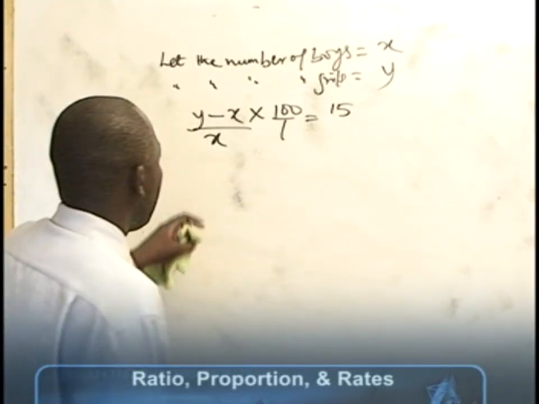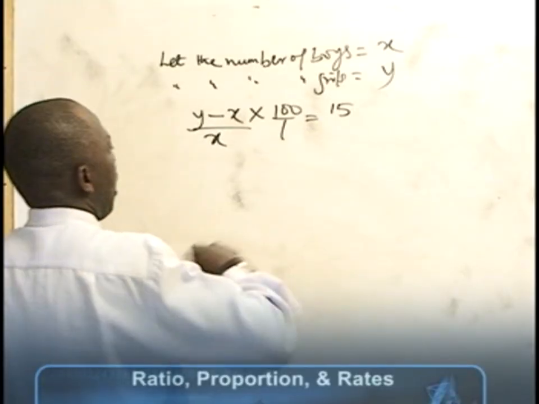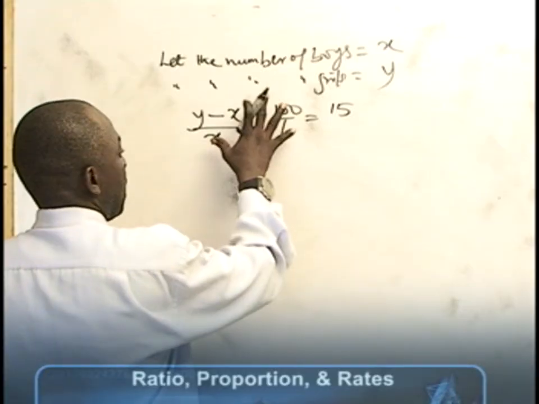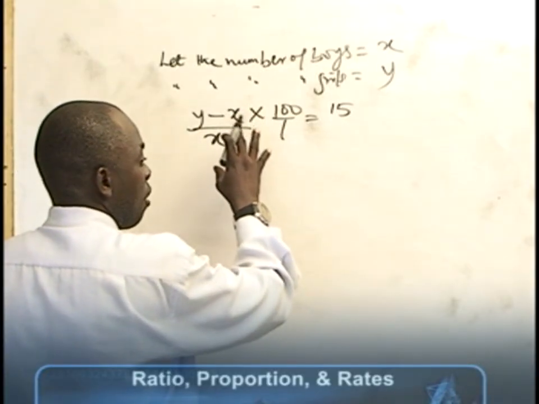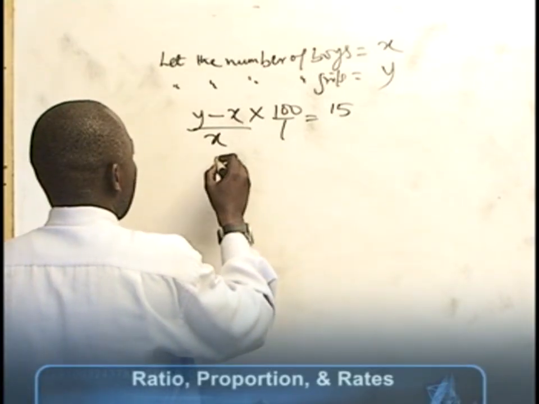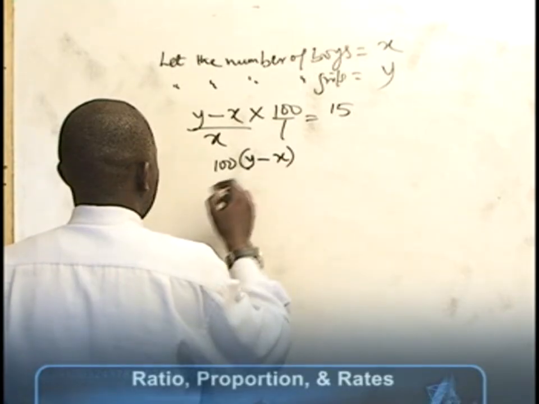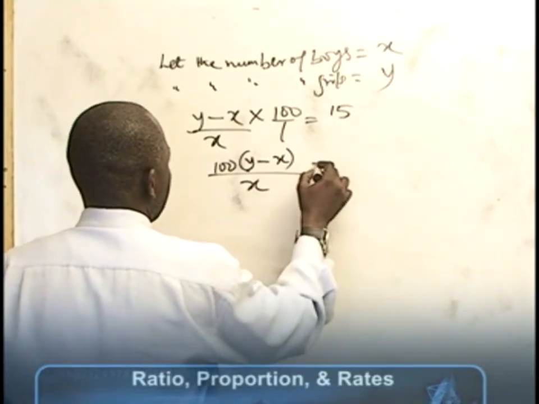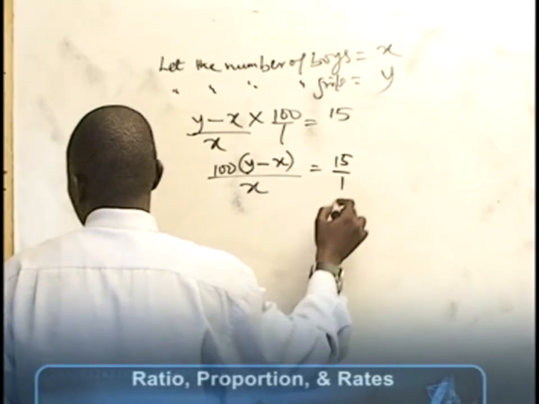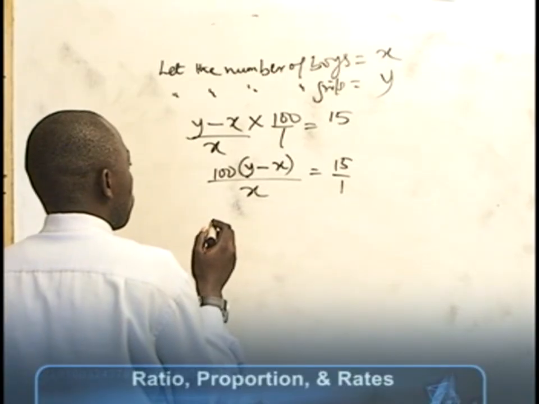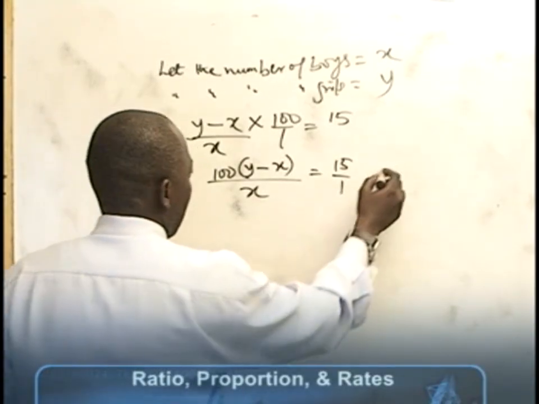So first of all, let's try to handle this. What we need to do is cross multiply, but before we cross multiply, let's reduce this to a single fraction. We have 100 times Y minus X over X equals 15 over 1. You can now cross multiply.